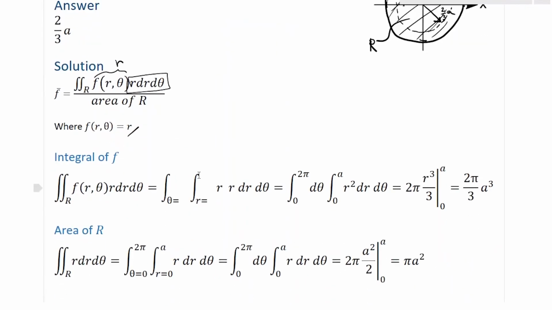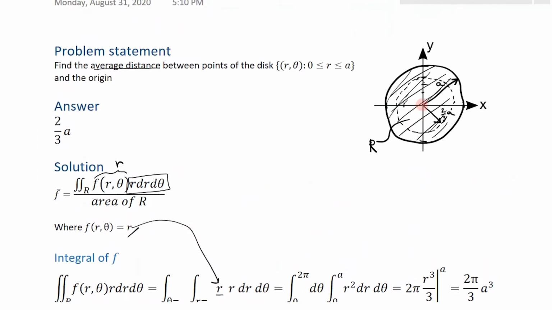Let's integrate f, so this would be the numerator. So we have the integral over R of f, r dr d theta. Here I have this function. This is r dr d theta. Bounds on theta would be, well, we need to describe the full circle, right?